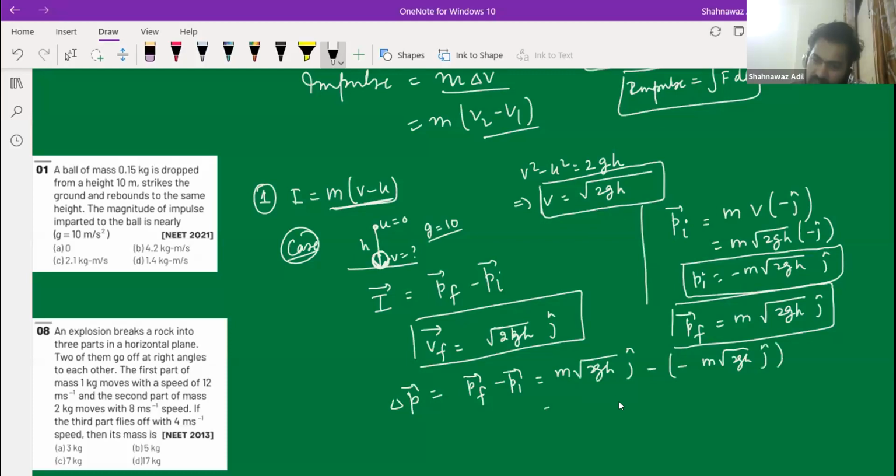So this is 2m root 2gh j hat. This is the magnitude, and this is the impulse. So impulse is 2m root 2gh.